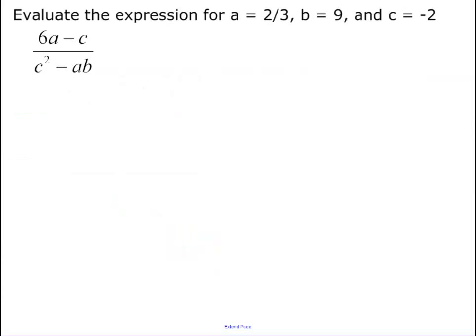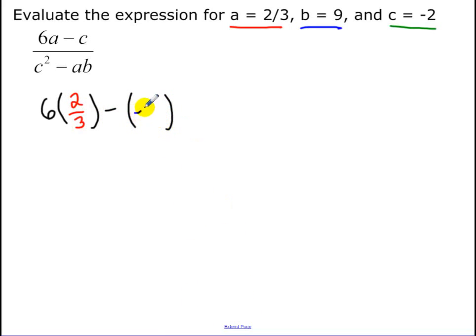Our first example, we're going to be evaluating the expression. We're given A, we have B, and we have C. So we're going to substitute in. So we have 6A, A is a value of 2/3, minus C, which is -2.